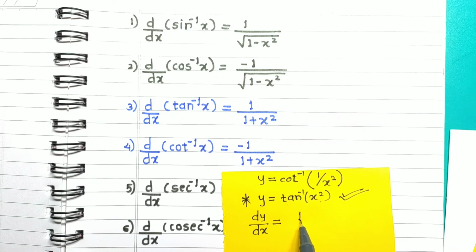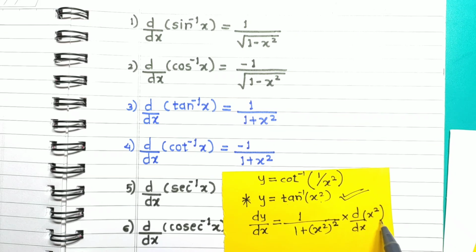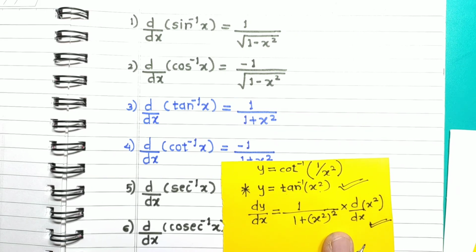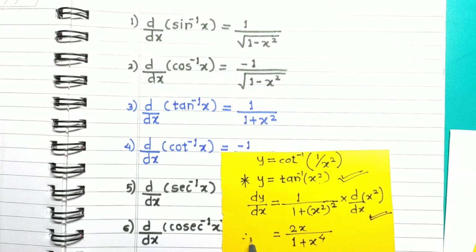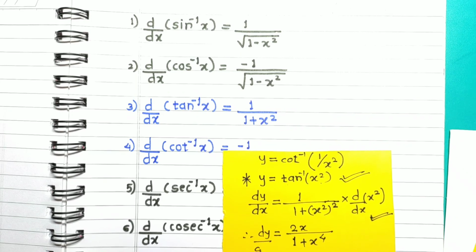So its derivative is 1 upon 1 plus something square, where something is x square, into derivative of something which is x square. See how chain rule is applied at this step. Now let's find this derivative. Derivative of x square is 2x. So we have 2x upon 1 plus x raised to 4 as the required derivative.